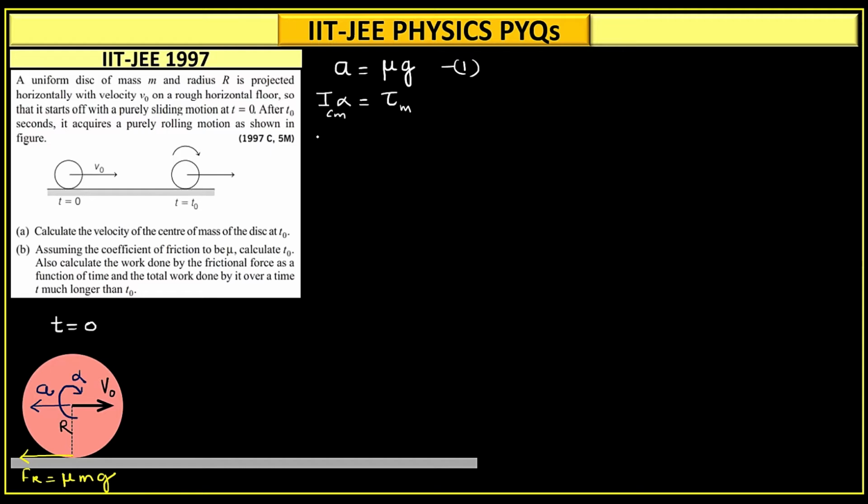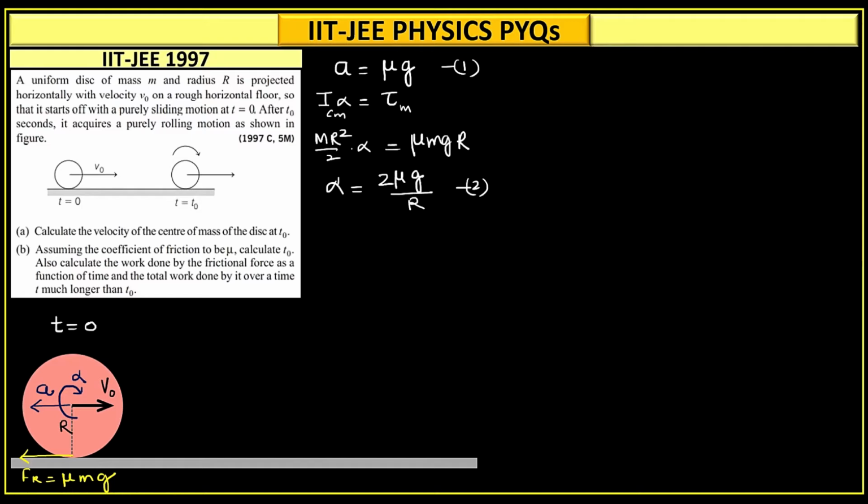I about center of mass is mr square by 2, and this is alpha. Torque is mu mg r. Simplifying this, we get alpha is equal to 2 mu g by r. So we've got the acceleration of the center of mass and also the angular acceleration of this rigid body disk.